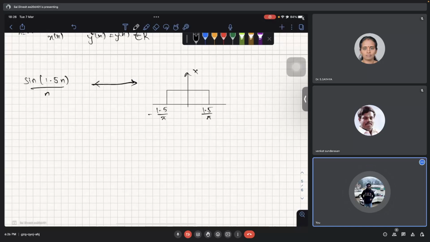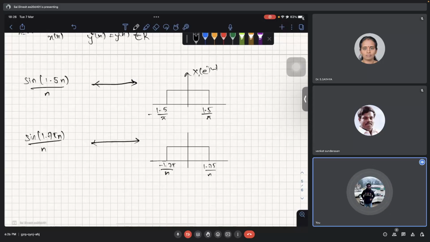This is X1 of e power j omega, let's say. And then for sin 1.75 n by n, based on the previous one, this will be a rectangle from minus 1.75 to 1.75.